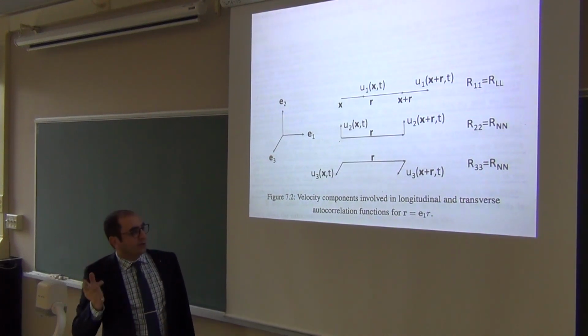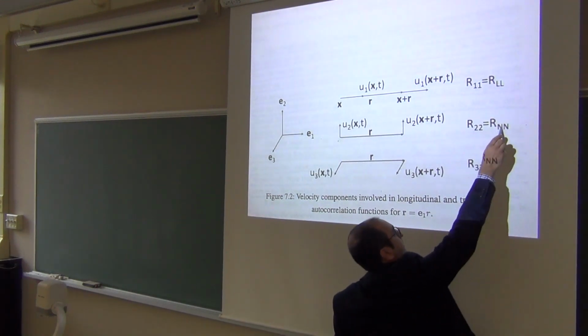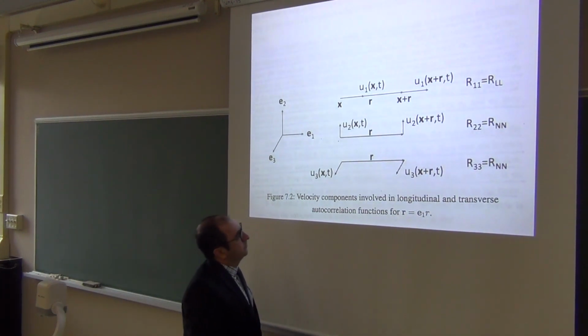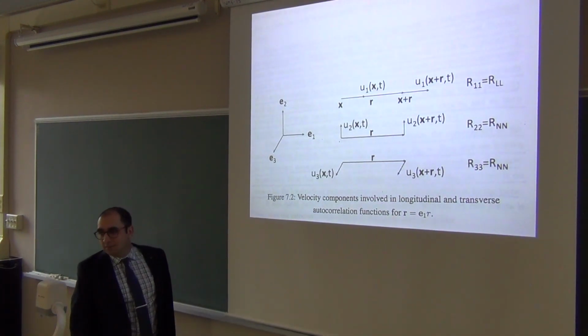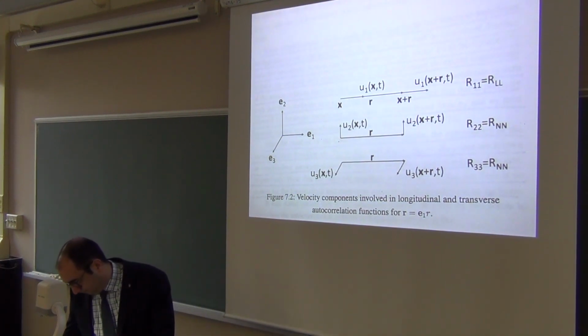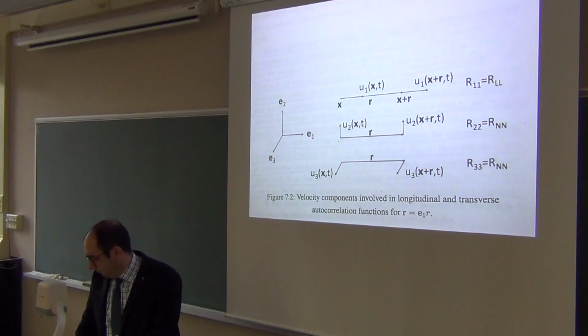For isotropic turbulence, these should be the same, and they should be different from RLL. Okay? So far, so good?